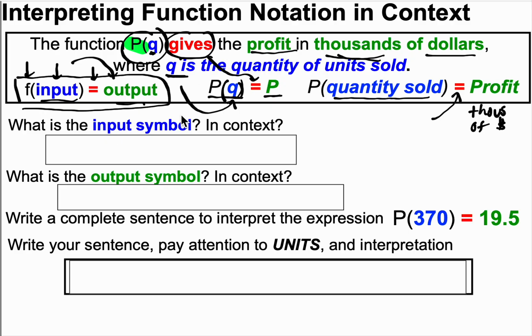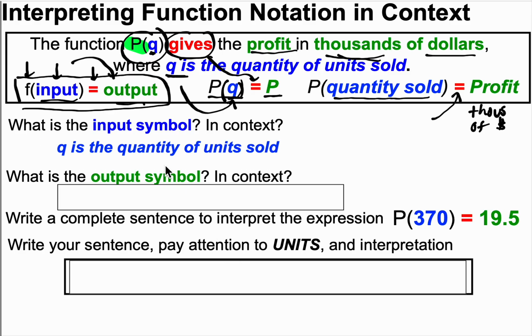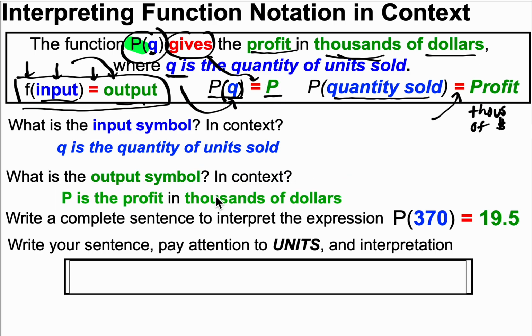All right, so let's break down what we have here. What is the input symbol? Well, again, the input is the thing inside the parentheses. So the symbol is Q, and what Q means is quantity of units sold. And then if I want to find the output, we've defined the output as P, profit. So we know that P is profit in thousands of dollars.